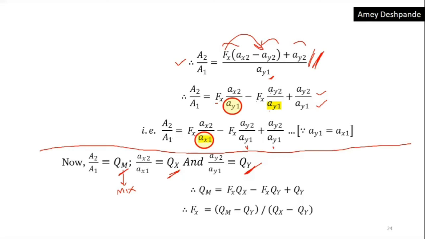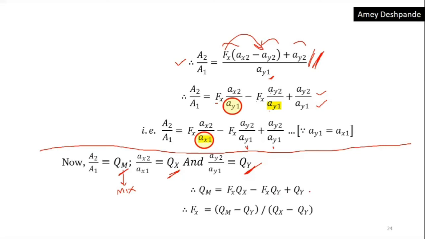So after we have these Q ratios placed, you get the equation as Qm is equal to Fx multiplied by Qx minus Fx Qy plus Qy.